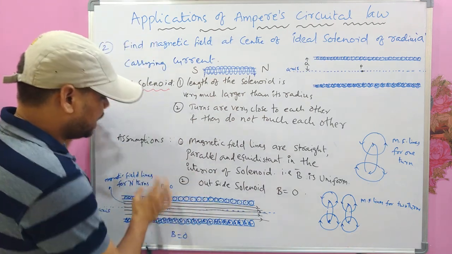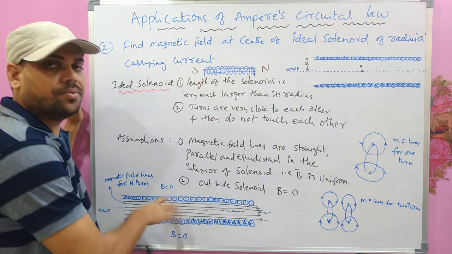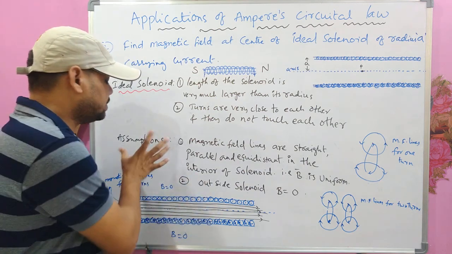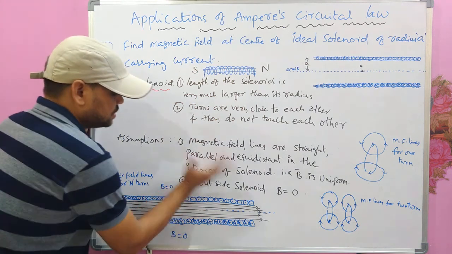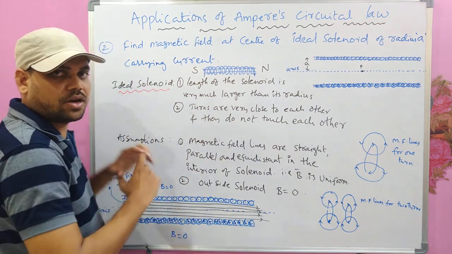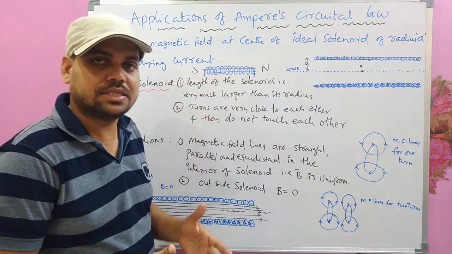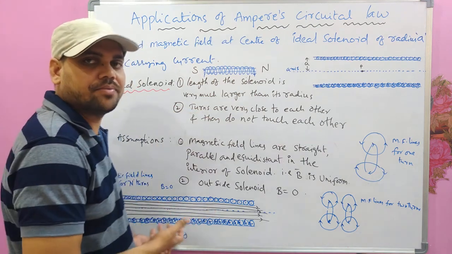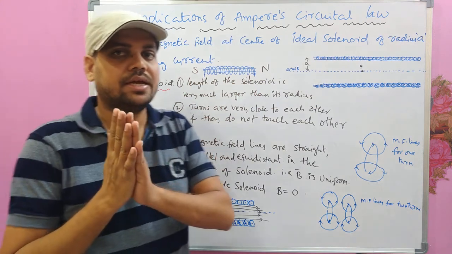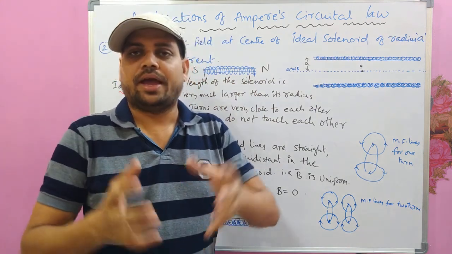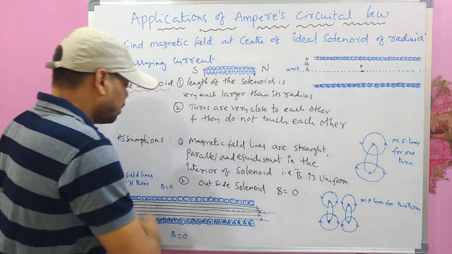Then outside the solenoid, the magnetic field is assumed as 0. See, they are assumptions. For a long solenoid, whose length is very large compared to its radius, the magnetic field is assumed as uniform in the interior and is considered as 0 outside.